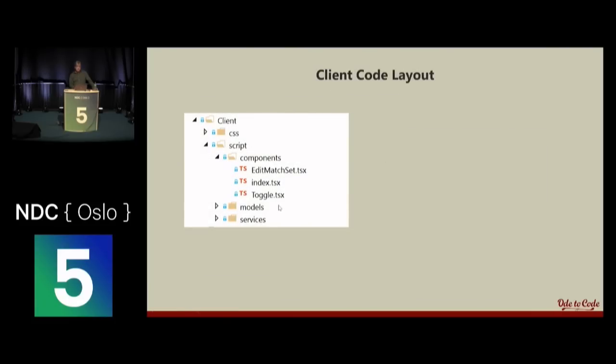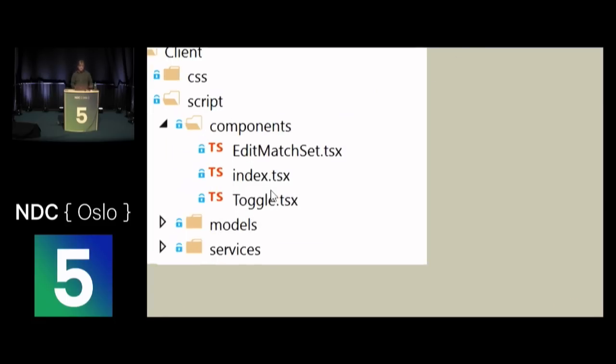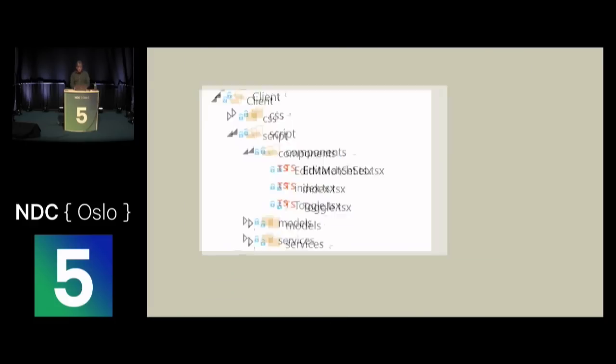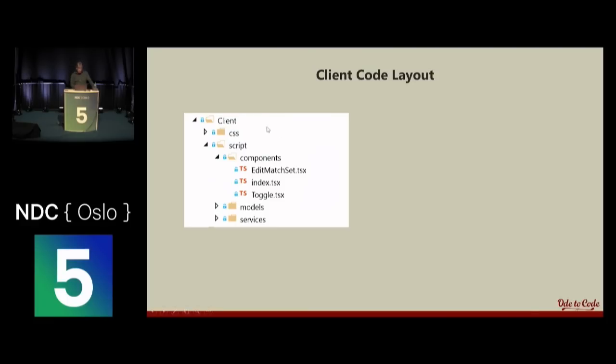I also like, when it comes to things like feature folders, if I'm working with something like Angular, which I haven't actually in a while, or React, which is what I've been using lately, but not much. Let other people worry about it. I like to put components that are associated with a specific feature in the feature folder. So what we're looking at here is a client folder where common stuff goes.